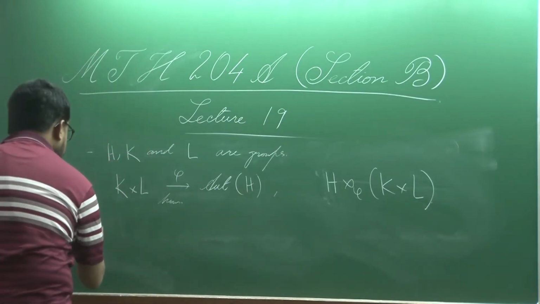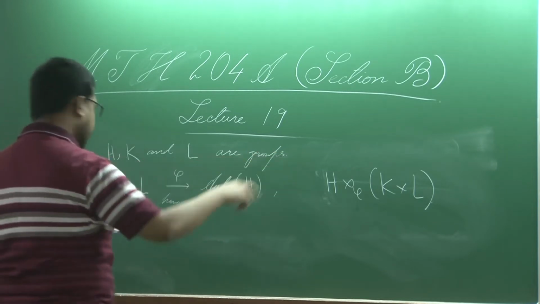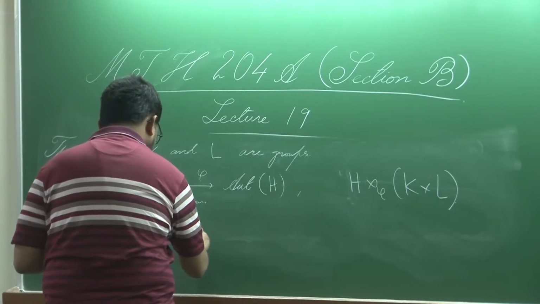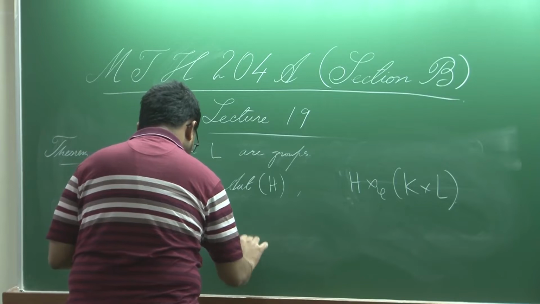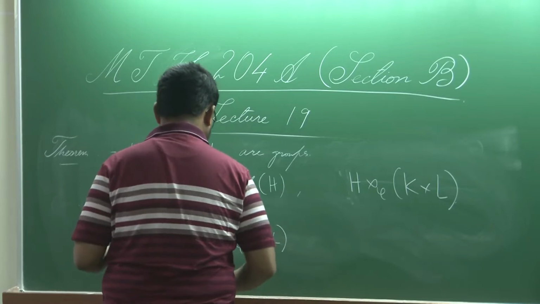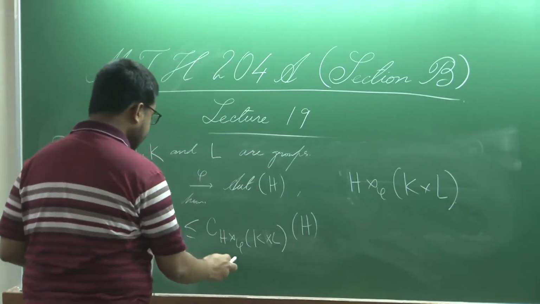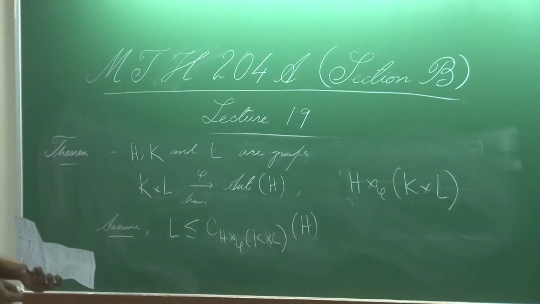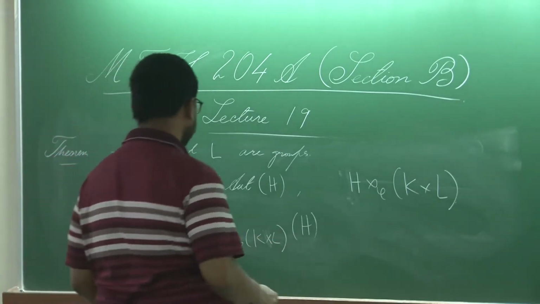So the assumption under which we can do this is that L centralizes H. Again, what this means is each element of L acts trivially on H by conjugation.